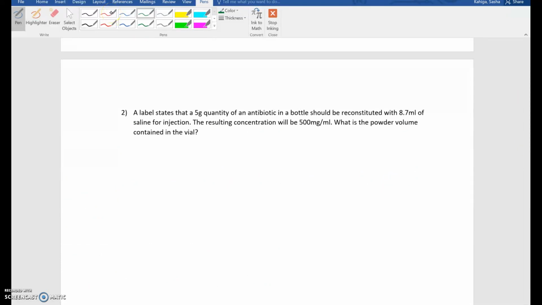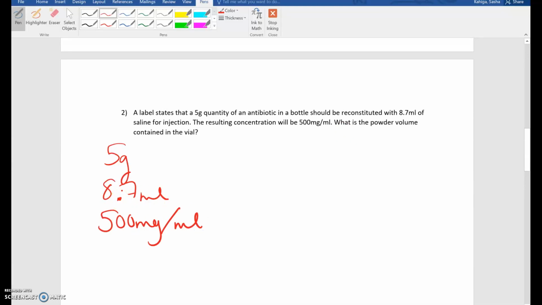Number two reads that a label states that a 5 gram quantity of an antibiotic in a bottle should be reconstituted with 8.7 milliliters of saline for injection. The resulting concentration will be 500 milligrams per milliliter.